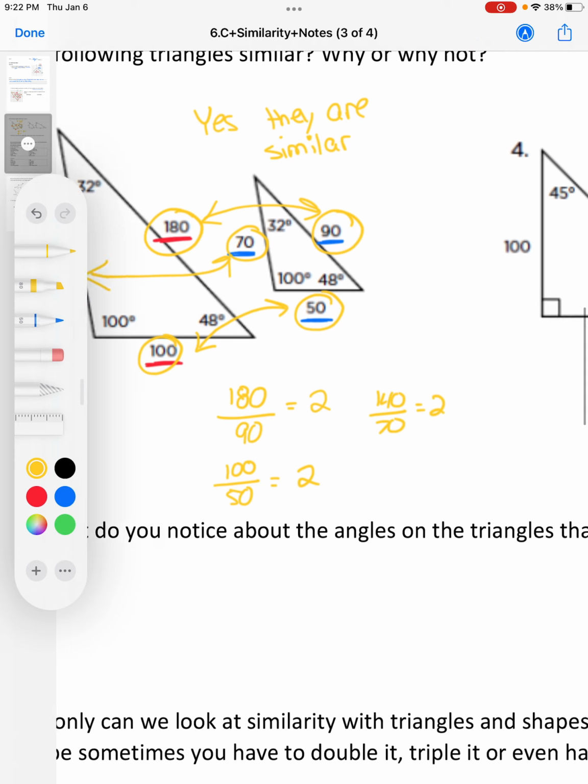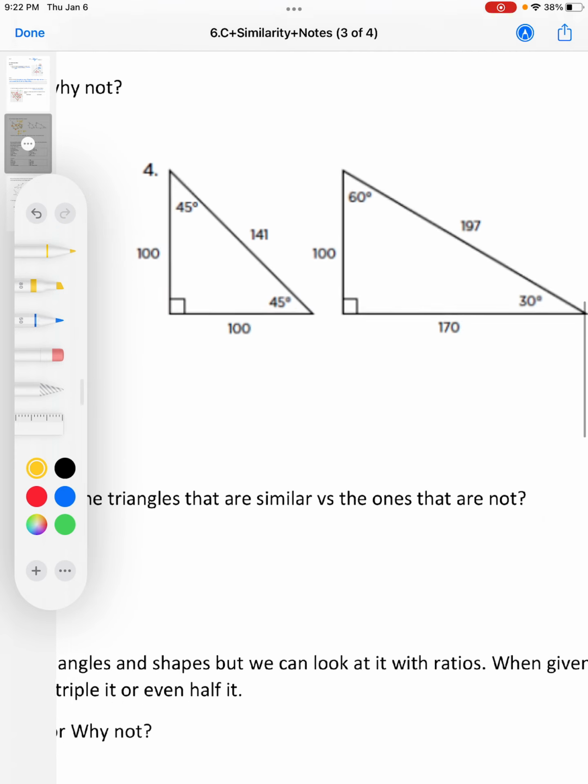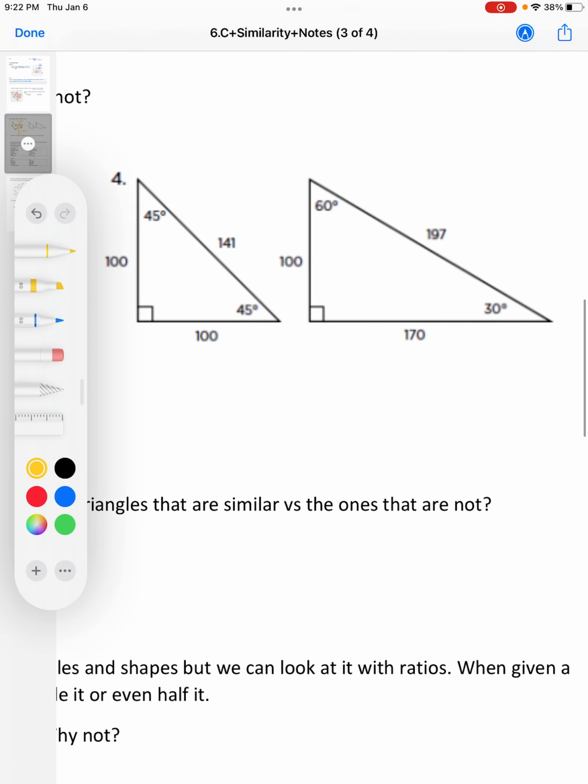Let's look over here at question 4. Okay, so the matching sides, I have 141 and 197. I have 100 and 170. And I have 100 and 100. Well, let's see this for a second. 141 divided by 197. What does that give us?